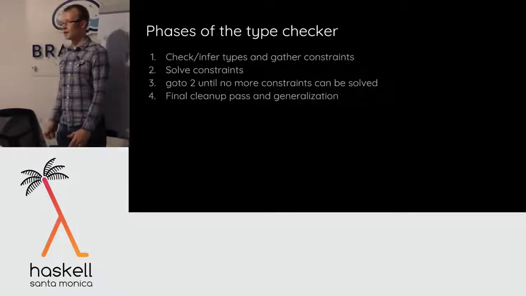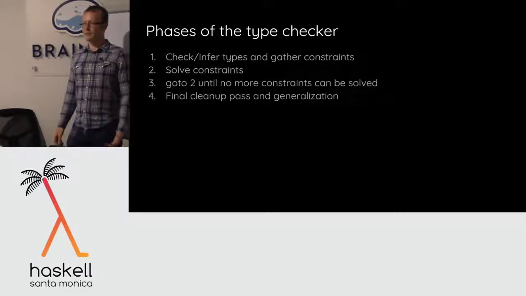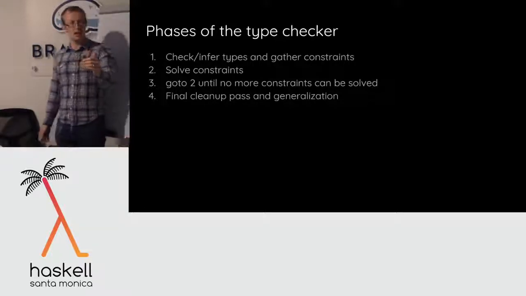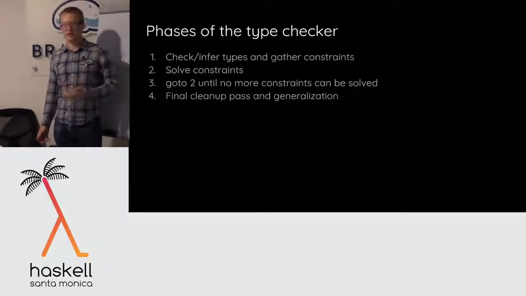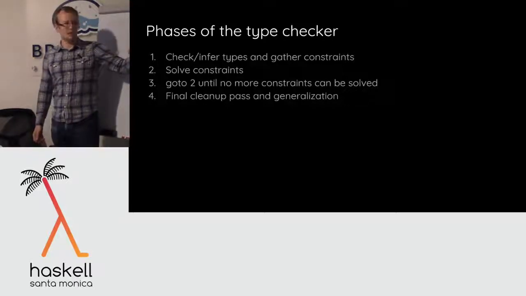In the process of solving the constraints, you might learn new information. For example, a functional dependency might fire and say, I knew this piece of information, and the functional dependency told me this new piece of information. That's a new constraint you can feed back into the constraint solving program, right? So you loop until there are no more constraints that can be solved.